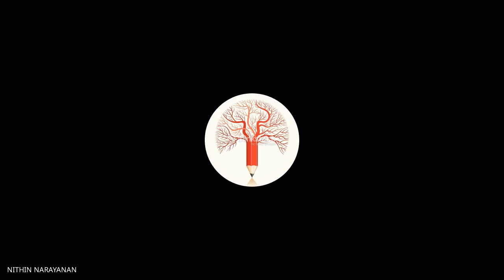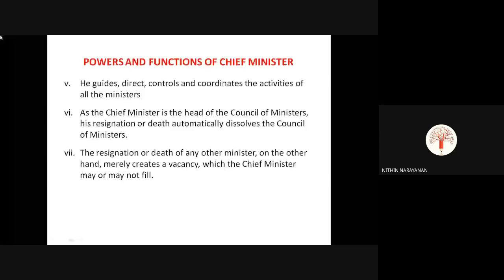On the other hand, if the same case happens to any other minister in the council, it just creates a vacancy. And the chief minister can appoint a new member to that position as the new minister in the council of ministers.